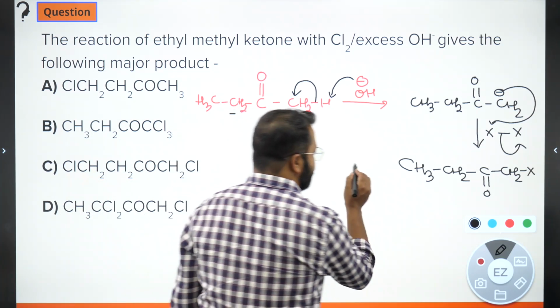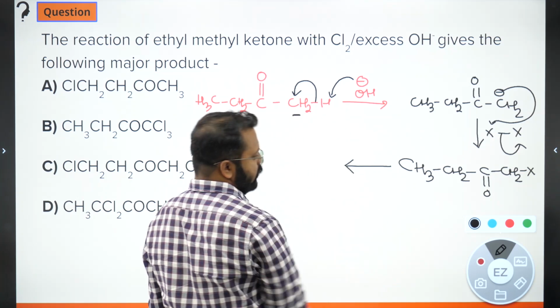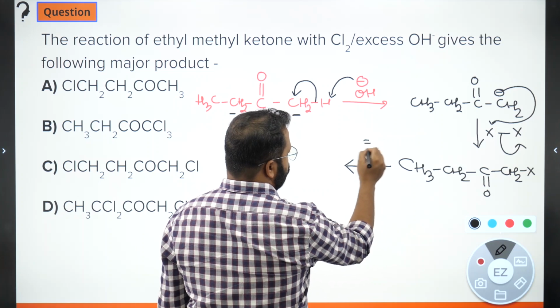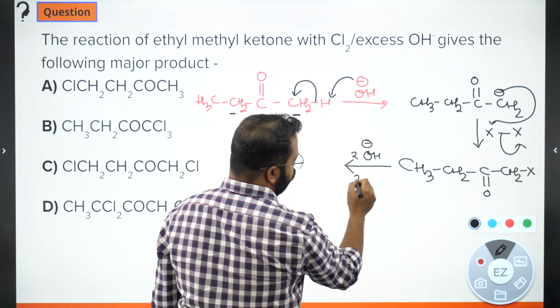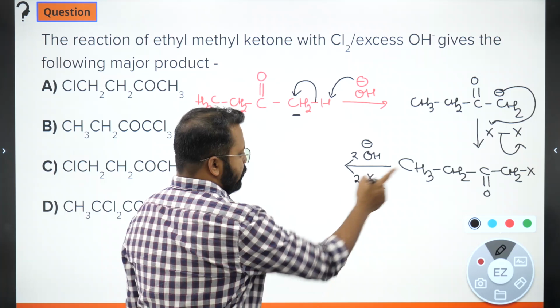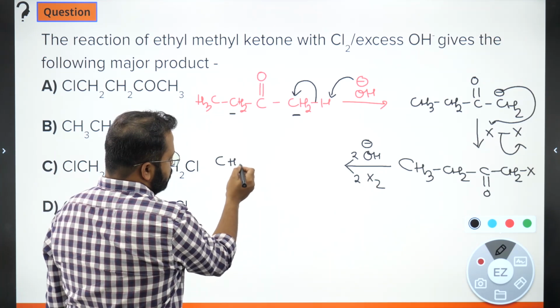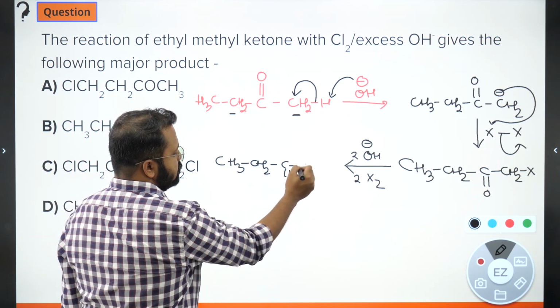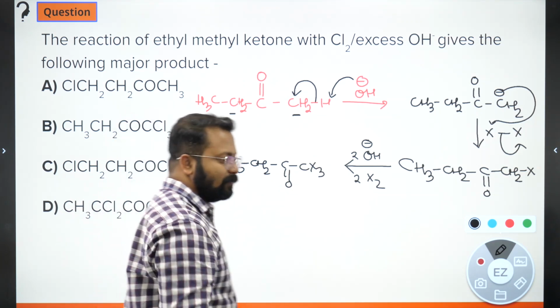So this step will get repeated 2 more times. That means I will react it with 2 more moles of OH minus, 2 more moles of X2. Finally, I would be getting CH3, CH2, C double bond O, CX3.